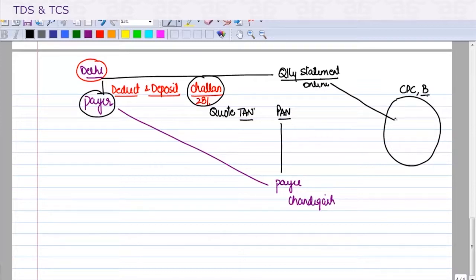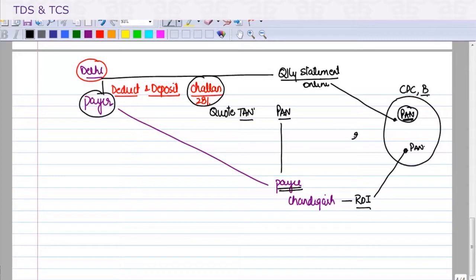Now this data has reached there. Whenever the payee files the return of income, that goes here as well. At that point, the PAN number of the payee will help us search to determine how much TDS has been deducted.